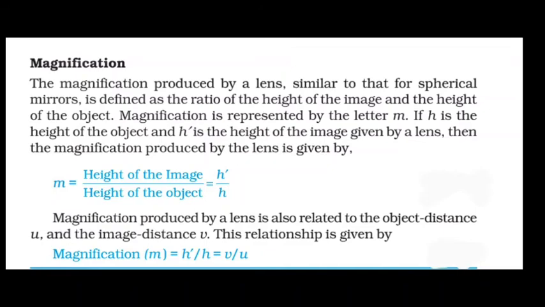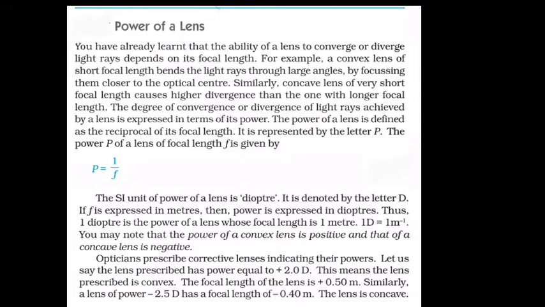Magnification produced by a lens is also related to the object distance u and the image distance v. This relationship is given by magnification m is equal to h dash upon h is equal to v upon u for the given lens.